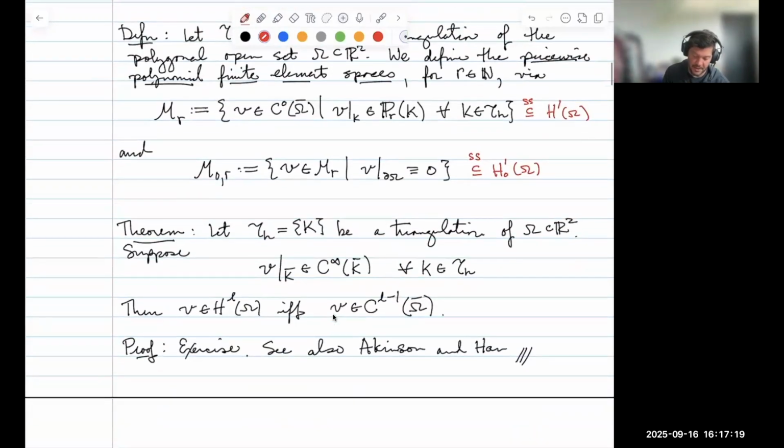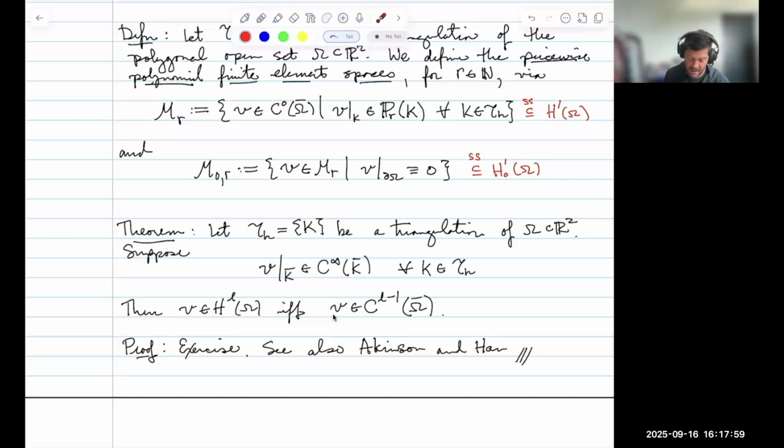Well, this next theorem guarantees at least this part, and then I can use some reasoning to get this fact. Let tau be a triangulation of omega, and suppose that v has the property that if I restrict v to any K, or the closure of K, I find that it is C infinity on that closure for all triangles in the triangulation. Then v is an H^l function, a Sobolev H^l function.